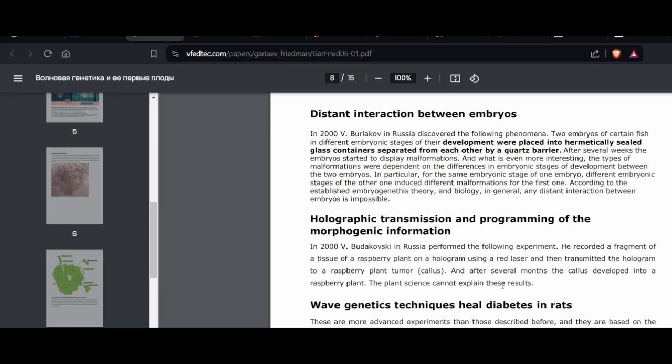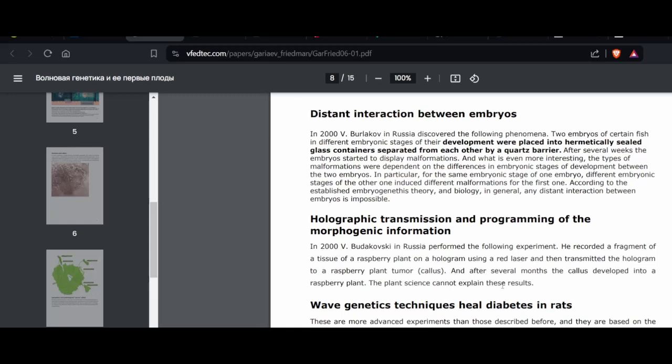So that's morphogenic information. A similar thing happened with raspberries, where you take a laser light and shine it through a healthy raspberry tissue. So the laser goes through a healthy raspberry tissue onto a tumorous cell from a raspberry plant. And then several months later, that tumor develops into a healthy raspberry plant.